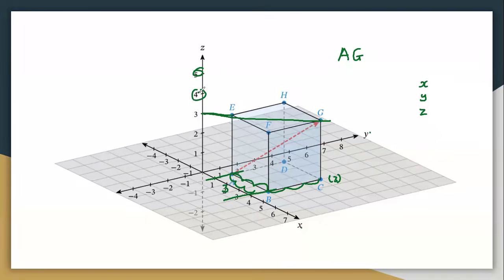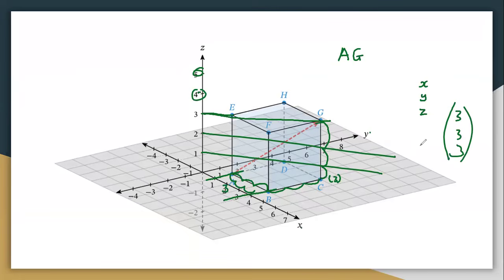Then you say, this is 1, this is 2, and this is 3. So that means you have moved 1, 2, and 3. So the answer, anyone with 3, 3, 3, you are very correct.